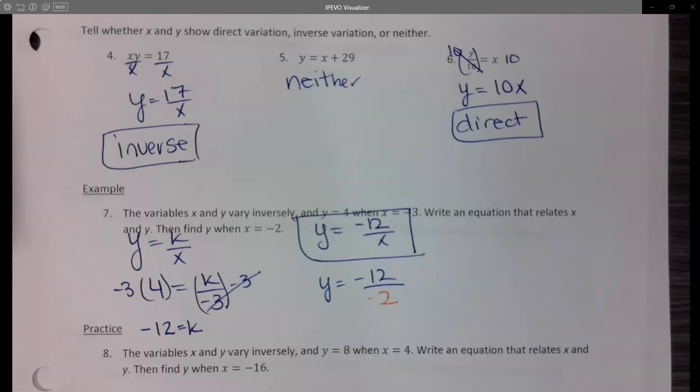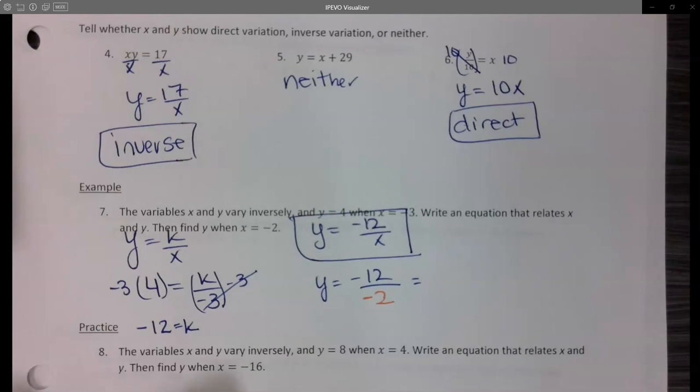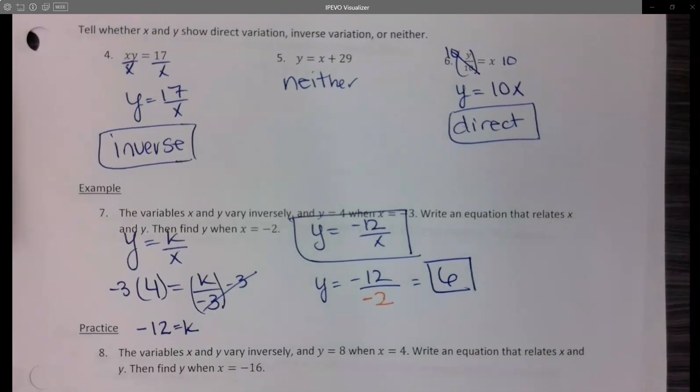So what is negative 12 divided by negative 2? No, it's positive. Because remember, negative divided by negative is positive, so just 6. So there are my answers there. Questions on this one?